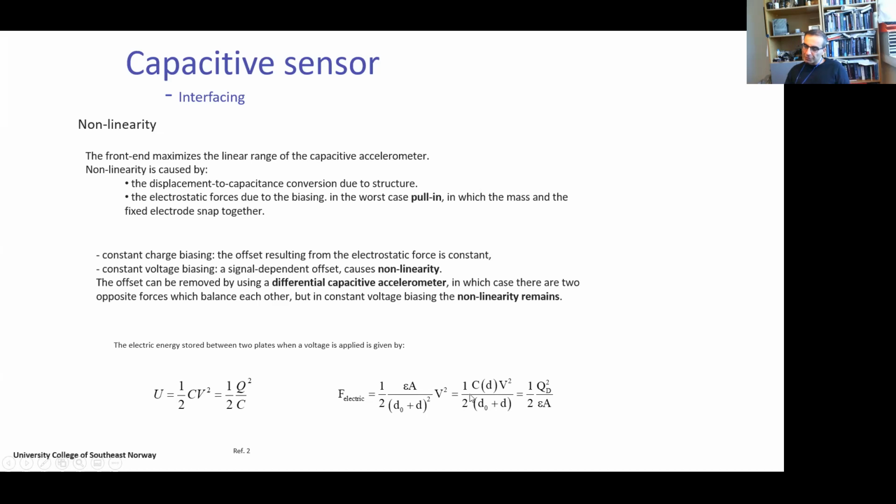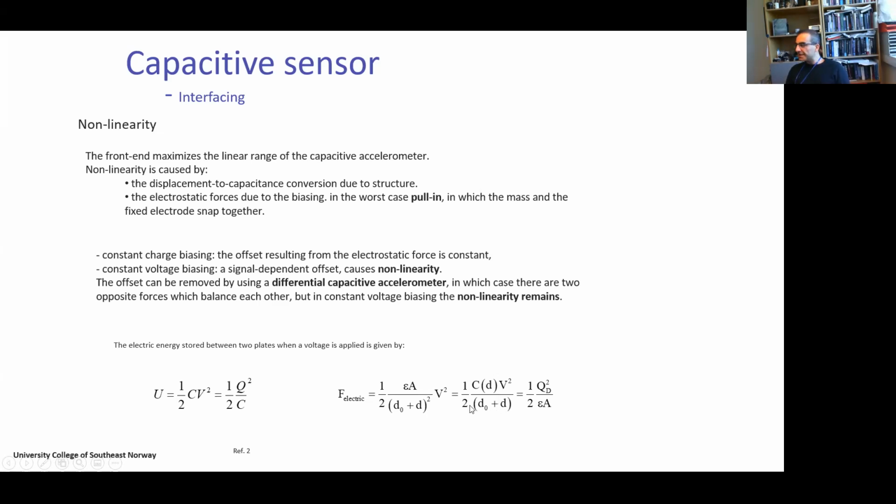And the distance also is the measurement, what we measure. So that's why the charge biasing is, we can say, constant, and it can be removed by the electrical signal processing. But the voltage biasing will create a nonlinearity into the system.